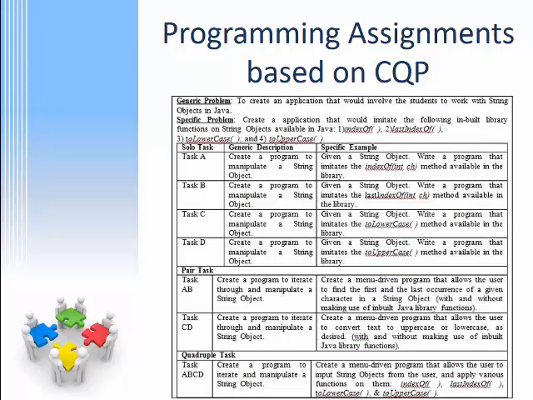Students first work on the solo task, then on the pair task, which involves review and integration of subtasks, and finally on the quadruple task, which also involves integration of the subtasks. Examples of more such assignments can be found in the paper.